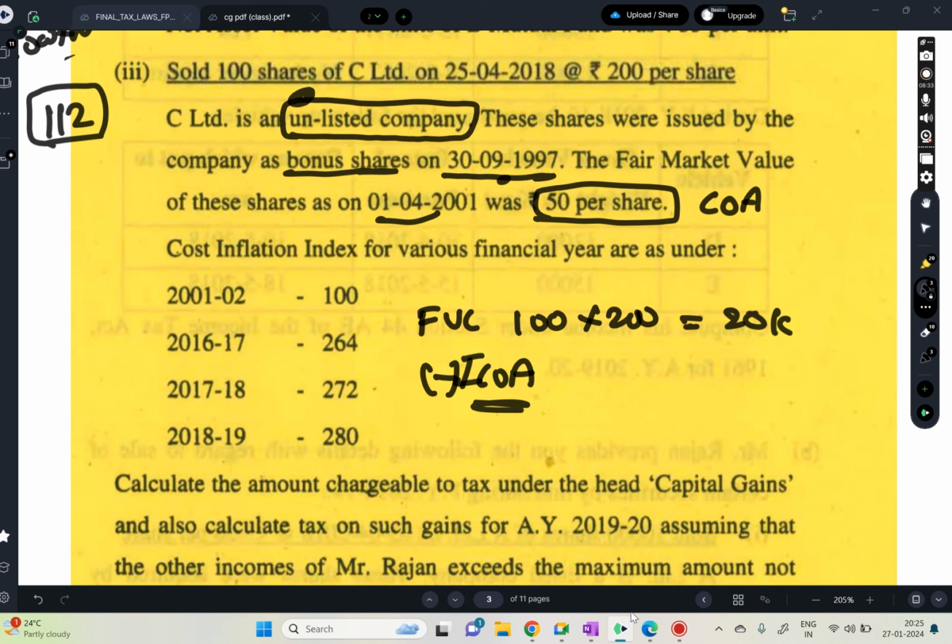Now, how do we do this indexation? Cost of acquisition into year of transfer divided by year of acquisition. Yes, that is correct.